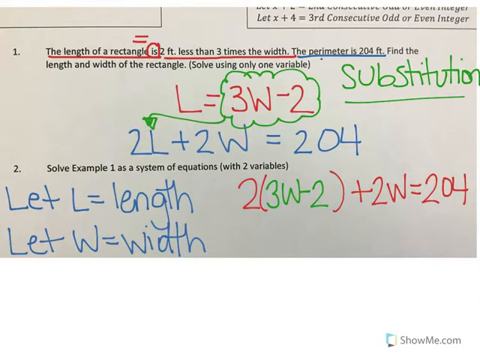Now, to save time, I know that we can easily distribute, combine like terms, solve for W, and then in turn find L. So I'm not going to make you continue. I just want you to be aware that there are 2 ways of solving it. And so in the future, you can choose either option, whatever you decide works best for you.